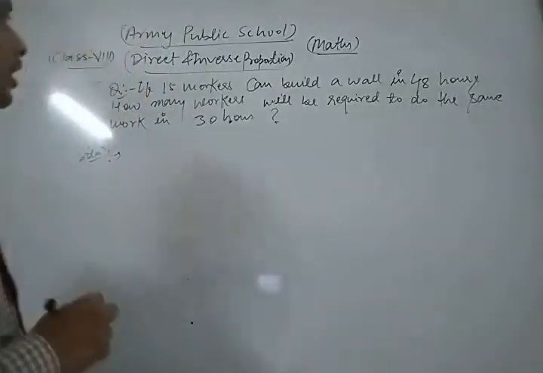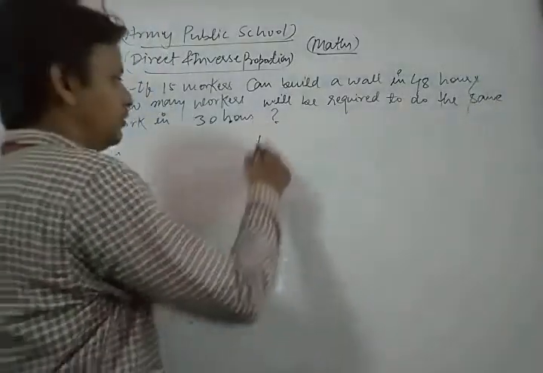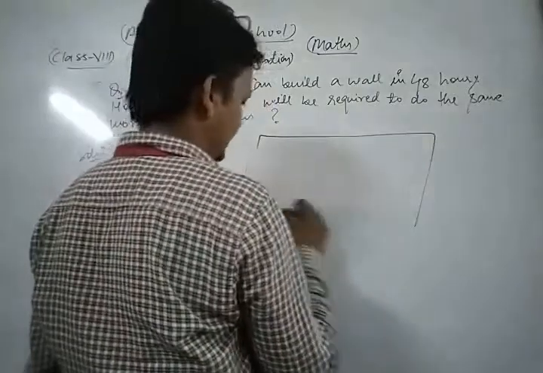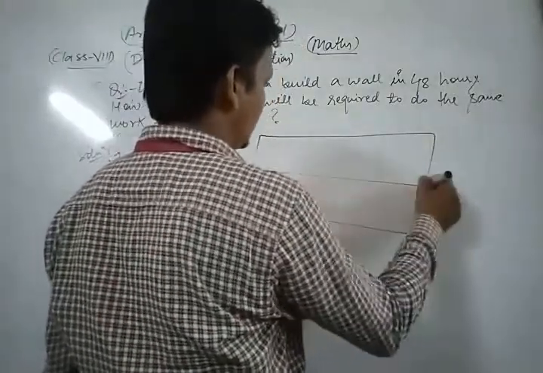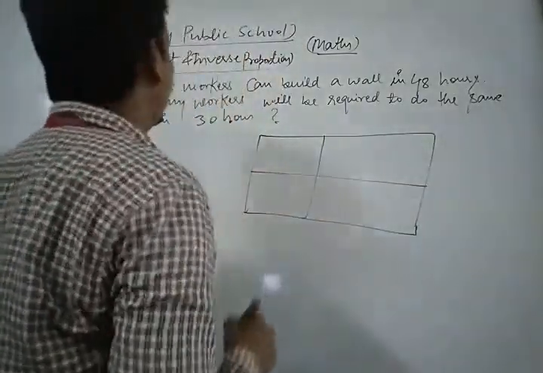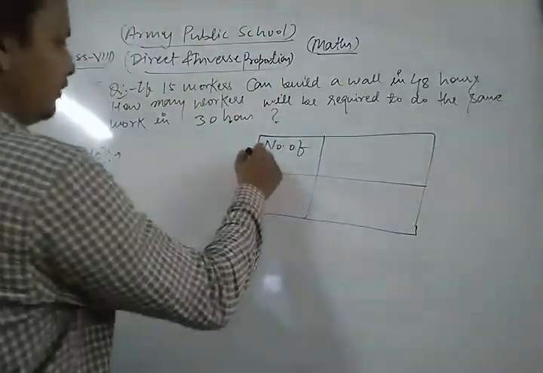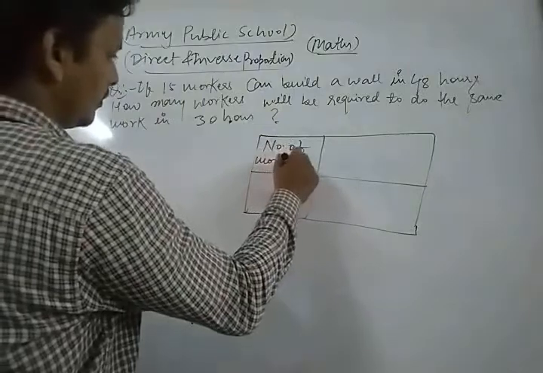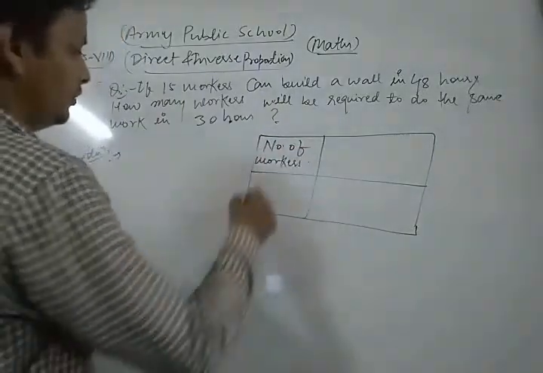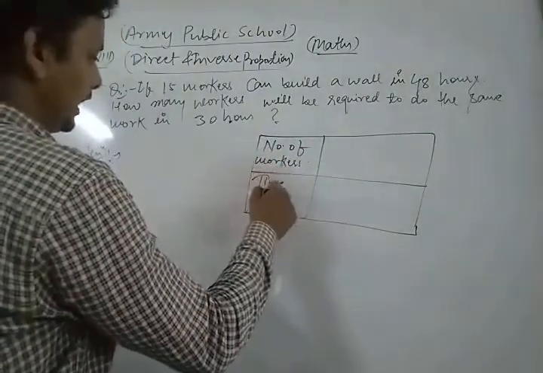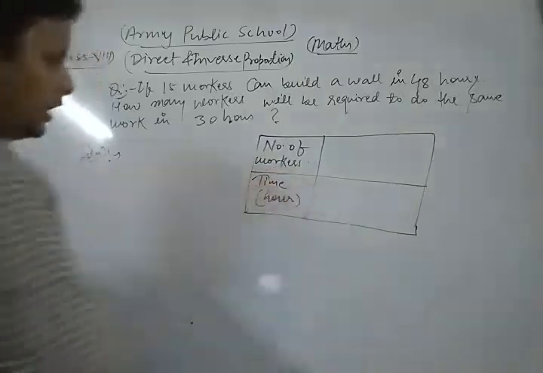So first of all we form a tabulation. In one column we write the number of workers, and in the other we write the time taken, time in hours.